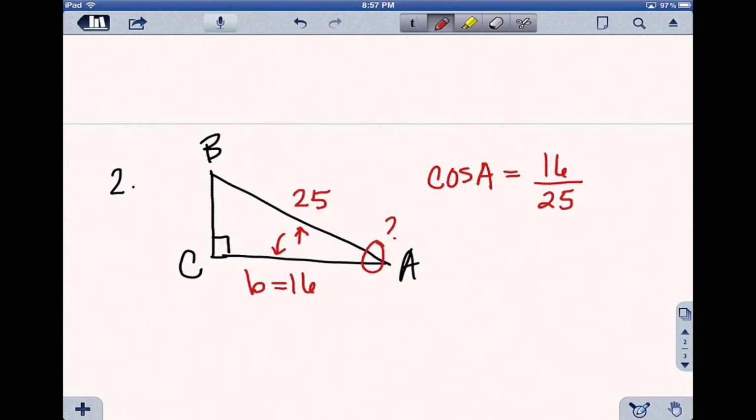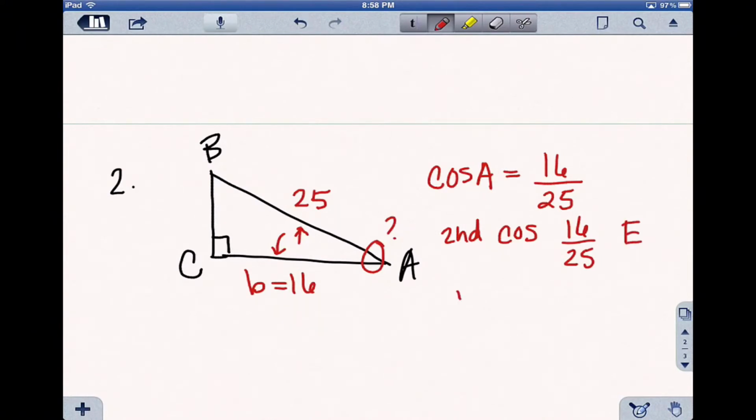Now, again, if you haven't done this in a while, when you're looking for angles in trig, you're going to be using the inverse buttons on your calculator. If you look above cosine, using the second button on your calculator, you're going to see cosine inverse. So you want to press second cosine, of 16 over 25, and then press enter.